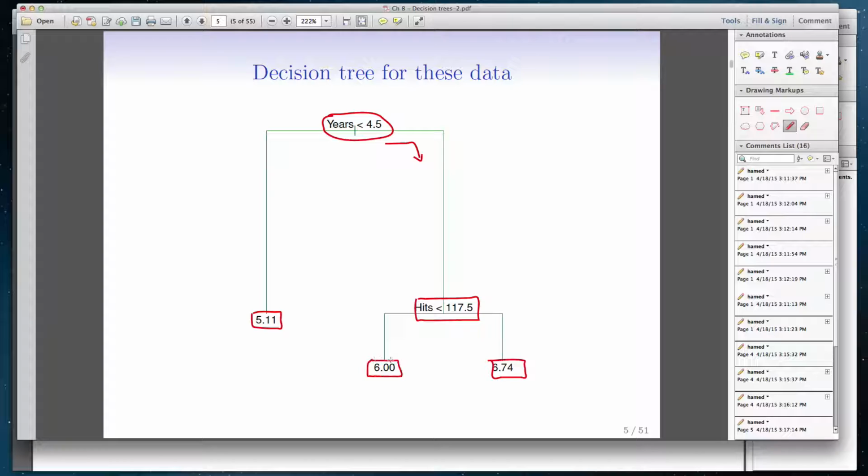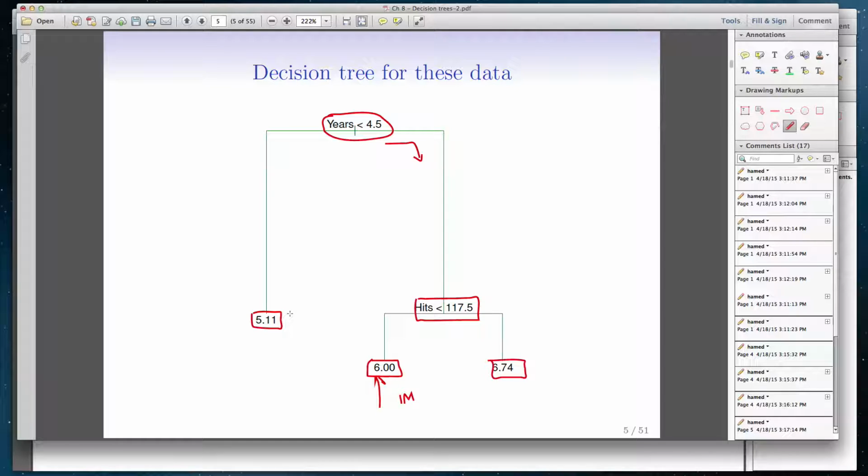So what you see here is your income in log. So this is 10 to the power of 6, that means 1 million. This is 10 to the power of 6.74, which is a value closer to 7 million. And this is 10 to the power of 5.11, which is a value around 200K.